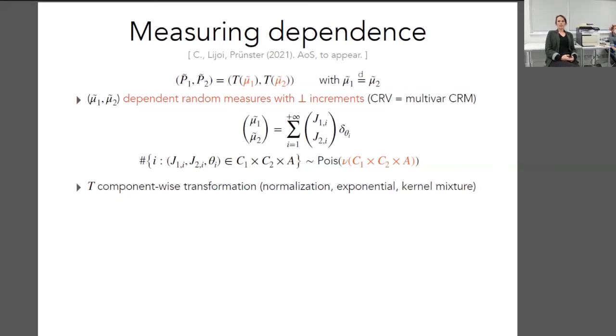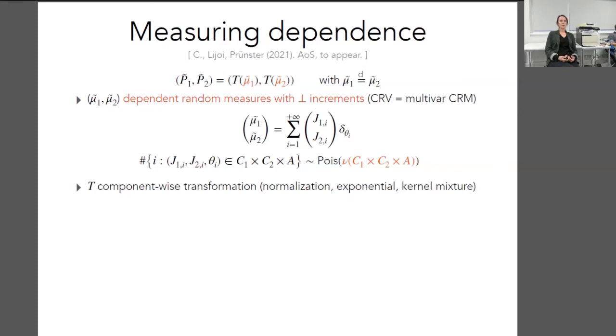So basically, we focus on a broad class of models where you model the dependence between random probabilities in a two-stage procedure. First, one models all the dependence at the level of an underlying vector of random measures with independent increments, mu1 tilde and mu2 tilde. These vectors, which we call completely random vectors, are exactly the multivariate equivalent of the completely random measures we introduced before.